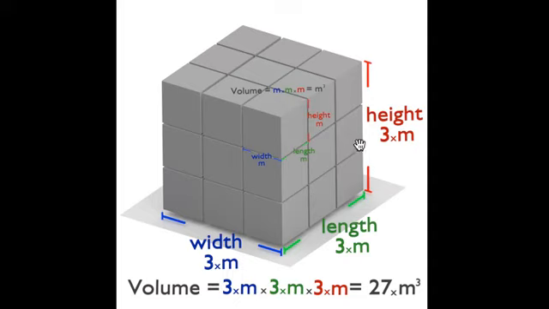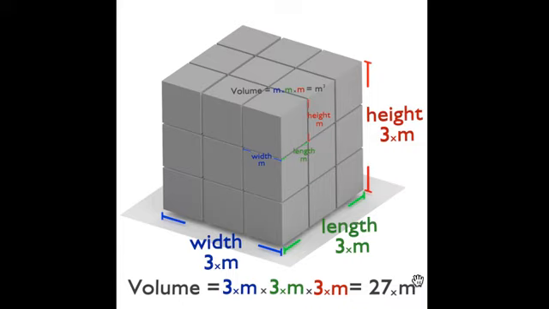But you have 1, 2, 3 of these layers. So you have 3 layers of 9 that gives us 27, which is the same as just multiplying 3 times 3 times 3. That's why we have to do this operation in order to get the volume. And it says 27 cubic meters.